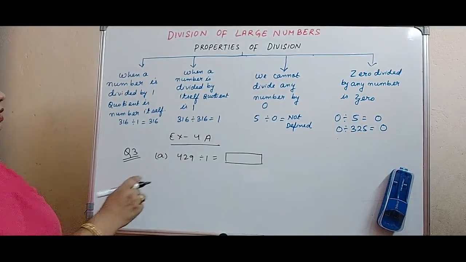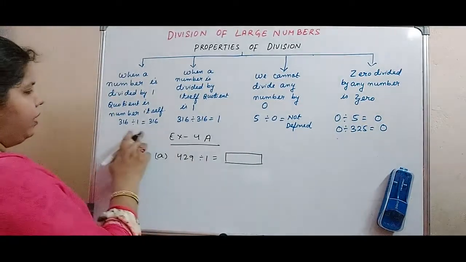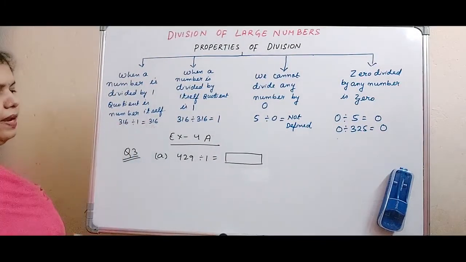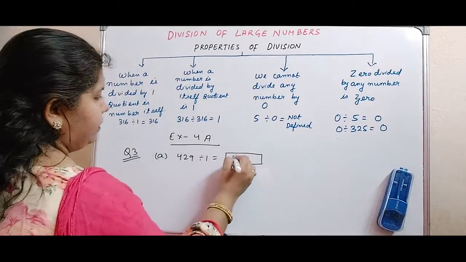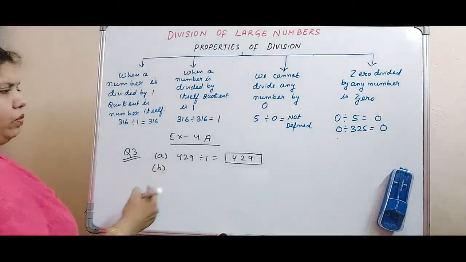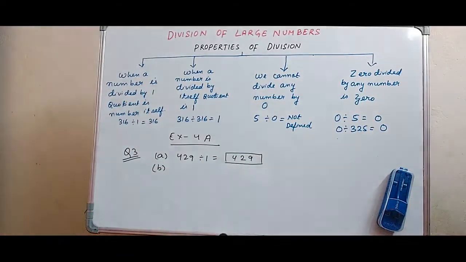Tell me which property you will use here. Any number, this is the first property, when a number is divided by 1, you get the same number. So here the answer is what? 429.